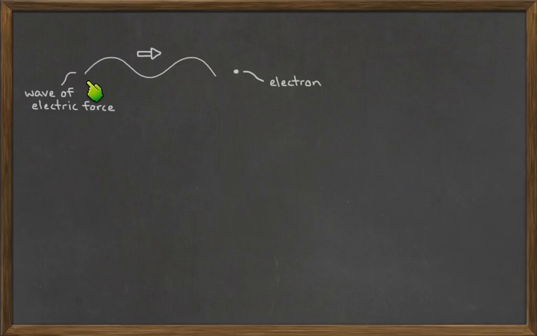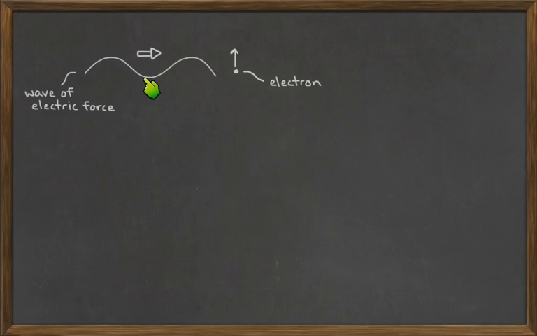And what's shown in the schematic of the wave here is actually the direction that the force is going to be exerted. So for instance, at some point in time, the crest of the wave is going to be at the position of the electron. And when that happens, it's going to end up pushing the electron in a certain direction, let's say upwards. And then sometime later, the trough of the wave, the low point, is going to be over the electron.